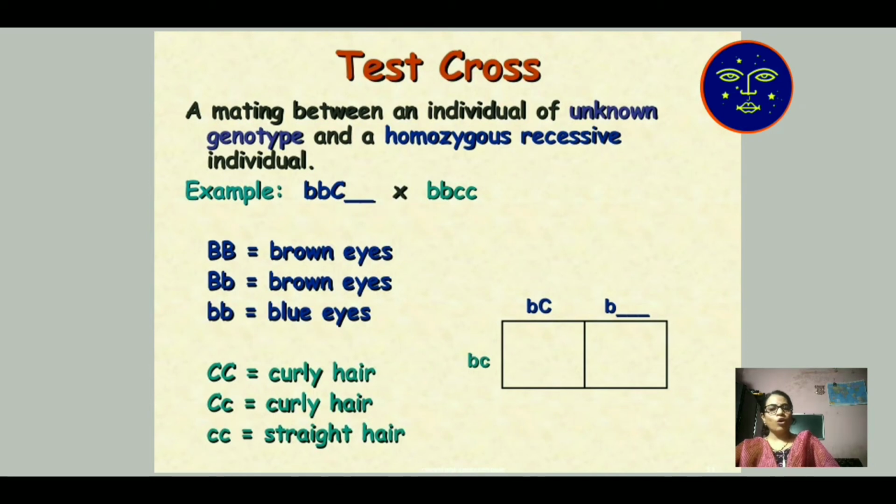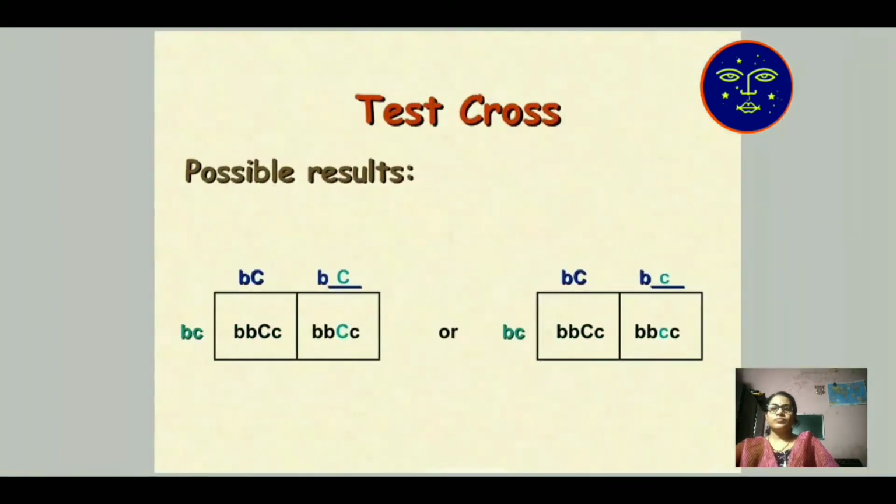Capital C, small c also determines the dominating or phenotypic character, curly hair, and small c is for straight hair. Here is the result. The possible result is small b capital C, small b small c, small b small c, which means the recessive character.